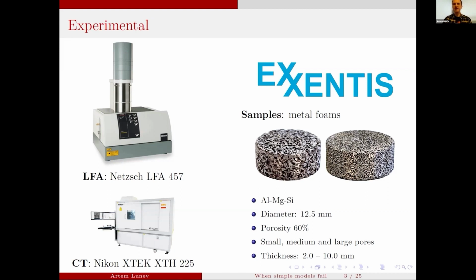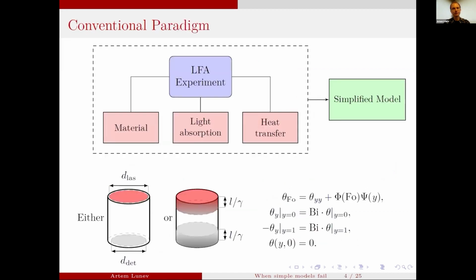To get an accurate geometrical representation of those samples, we used the micro CT available at the University of Manchester, and my colleague Fabien Leonard kindly provided his assistance to measure those samples and construct the meshes.